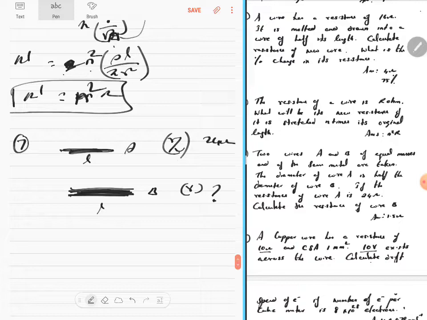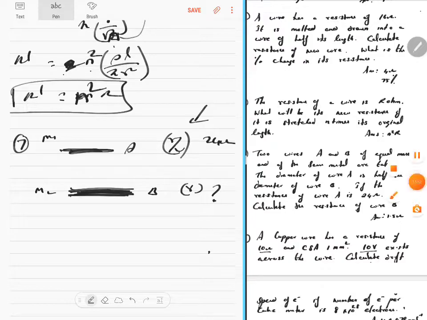Okay, what is the resistance of the first? Student: With the same length, won't the mass differ because B is thicker? Oh yeah, good question. Since the mass is the same, the radius is more and the mass is the same, the length will be smaller, let's think.